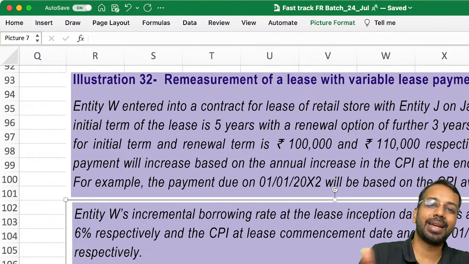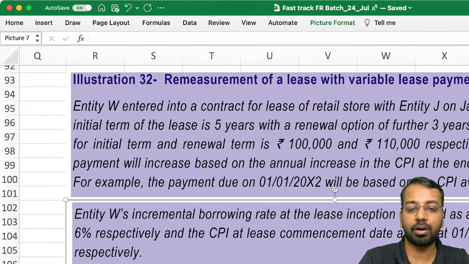Now because the implicit rate is not given, we will use the incremental borrowing rate. At the lease inception it is 5%, and on 1st of January of year 4 it is 6%. So on lease inception it is 5. It's not visible, sorry.